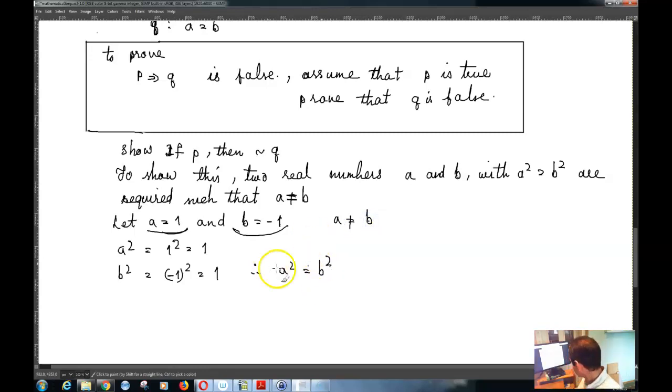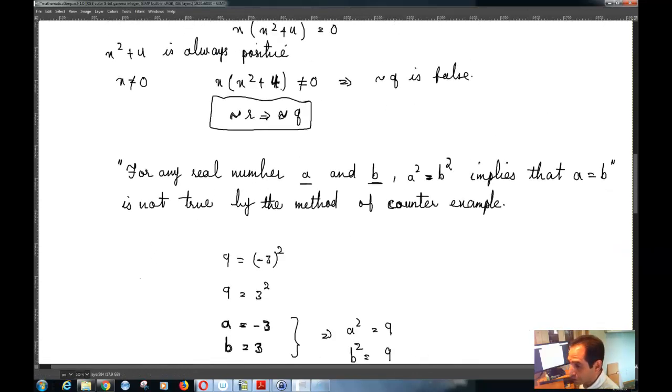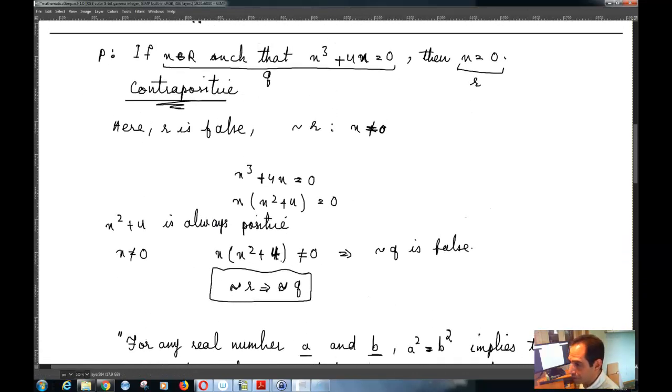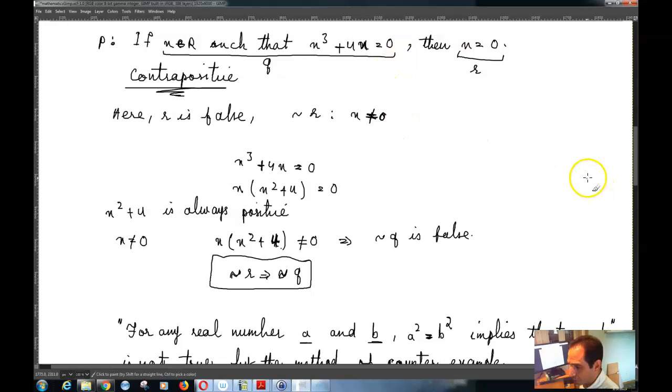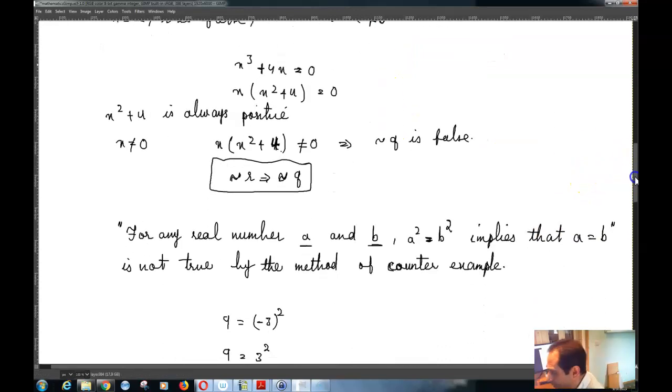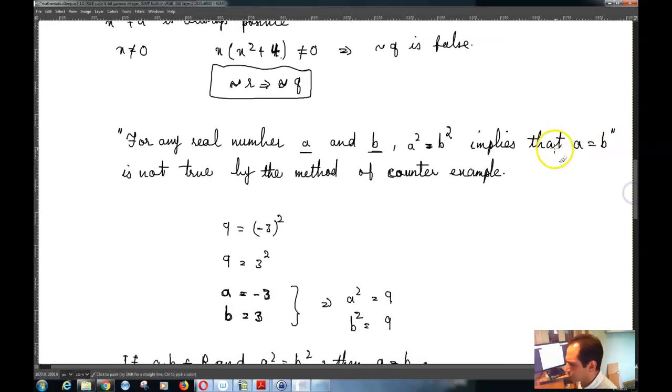So based on that, it can be concluded that the statement that we started with here is actually false. That's the method of counterexample.